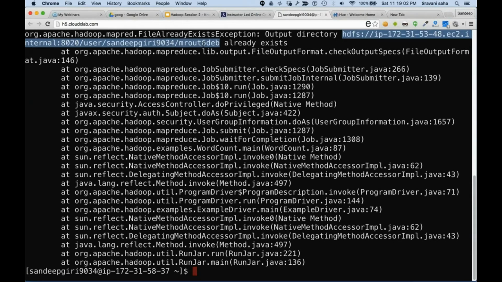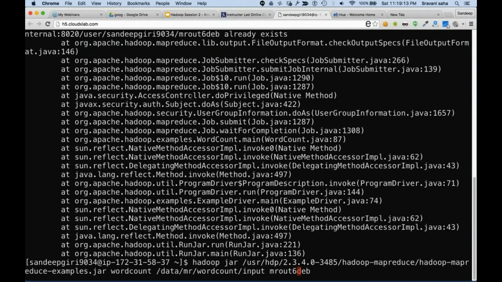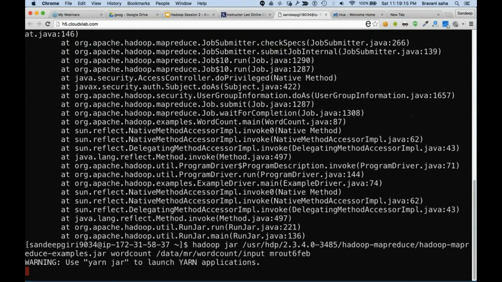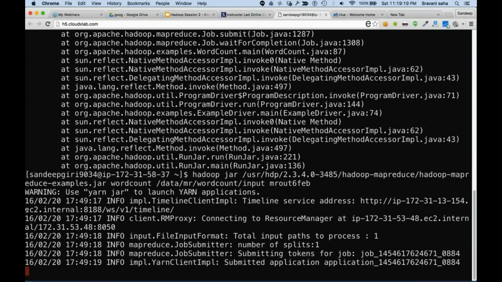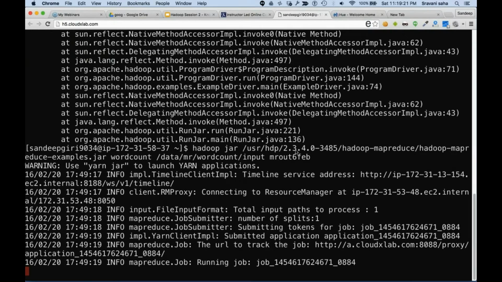It says mrout6dab already exists, and it's trying to create this folder in my home directory in HDFS. So let me correct it and check if it runs successfully. Now it's trying to run it again. You can see the URL to track the job is here.